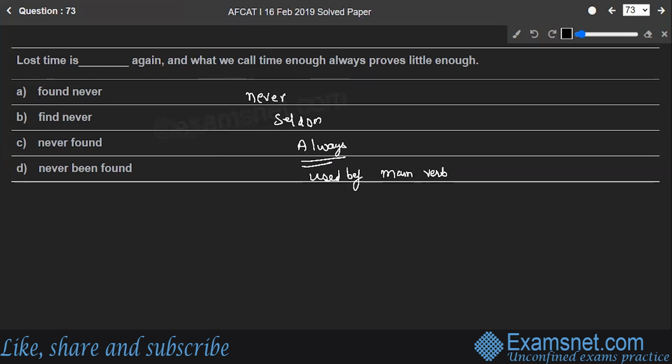Also, the sentence is in passive voice. Hence, we will have lost time is never found again, and what we call time enough always proves little enough. So we have option C as the correct answer.